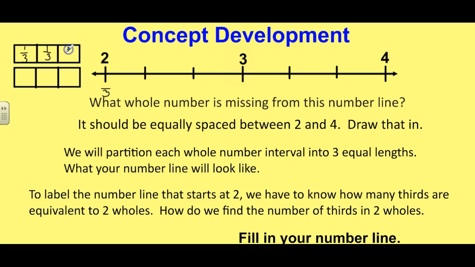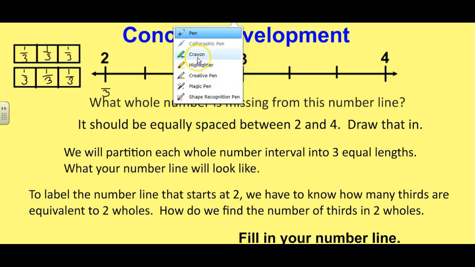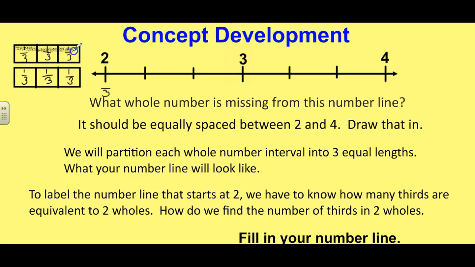And whenever I have shaded in all of the fractions, all I have to do is count how many thirds I shaded in, and that will tell me how many thirds are equal to 2 wholes. So now that I have all of this labeled, all I'm going to do is shade it in. Here is 1 whole shaded, and here is the other whole shaded in. So now that I have 2 wholes shaded in, all I need to do is count my unit fractions and see how many thirds there were.